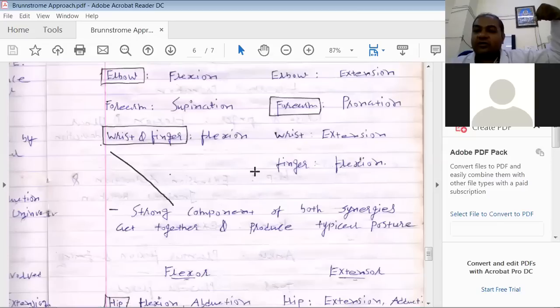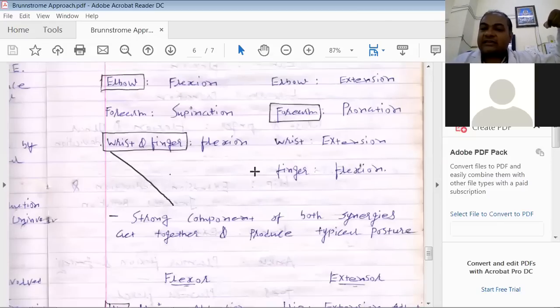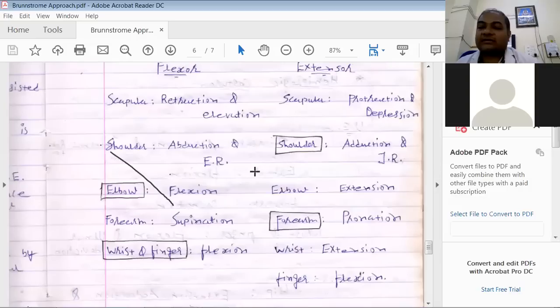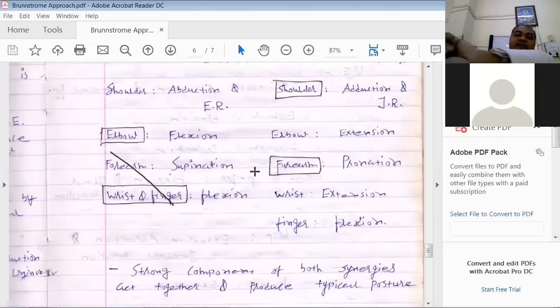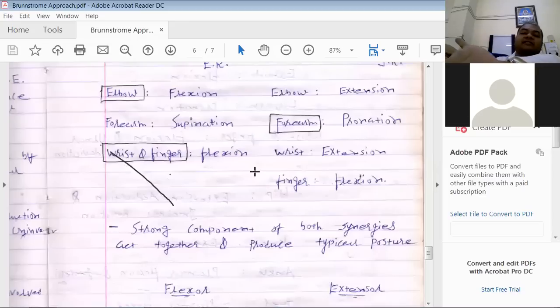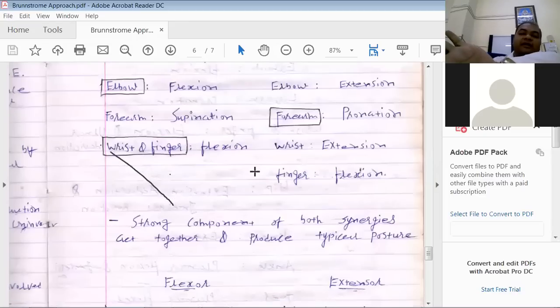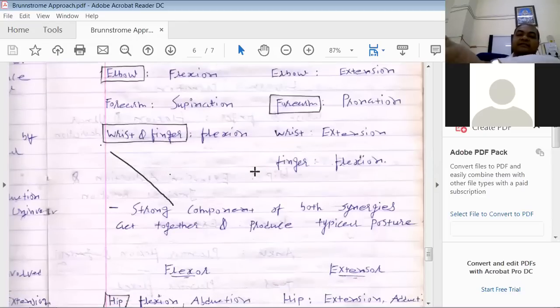Okay, that is called flexor synergy. Whereas in extensor synergy, it is shoulder in protraction, depression, adduction, internal rotation, elbow extension, forearm pronation, wrist extension, and finger flexion or extension. It may be flexion or extension. Okay, that is extensor synergy.